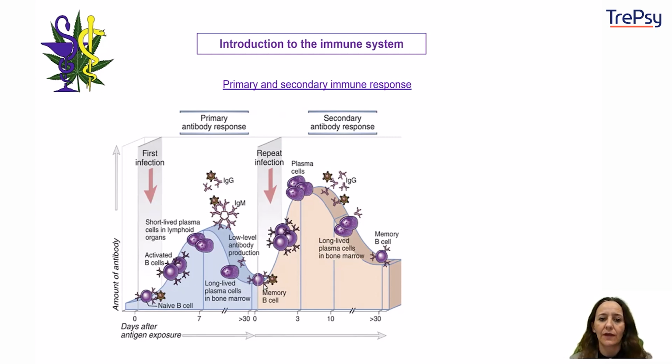We have them from previous exposure, so now we will achieve a higher and quicker response. So finally we will get different memory B cell populations, also T cells, but in this image we can only see the B cell response, the memory cell response in charge of maintaining this specificity for a long time.